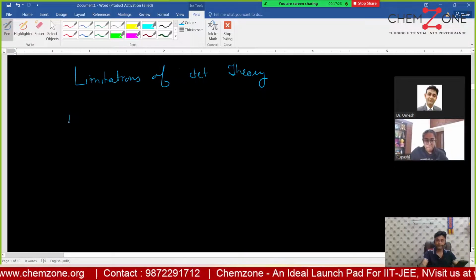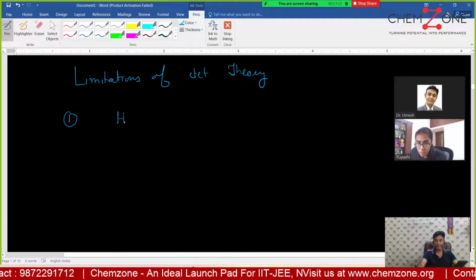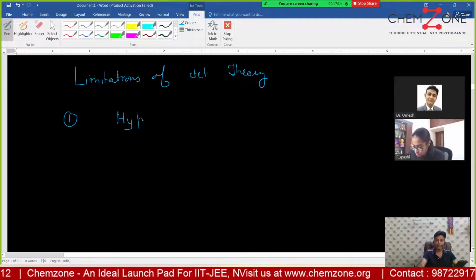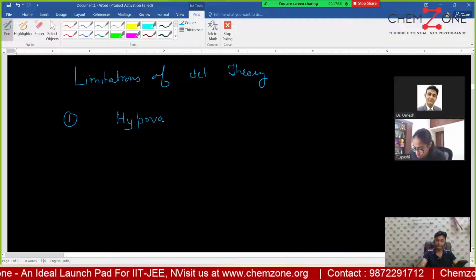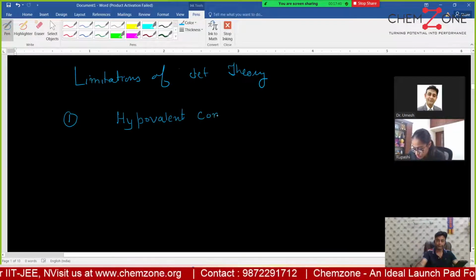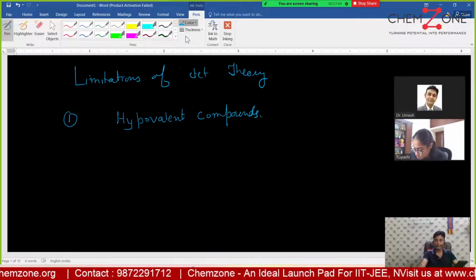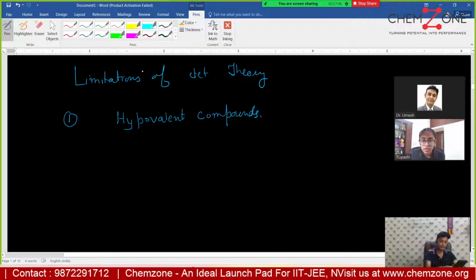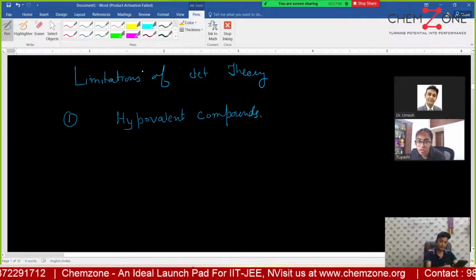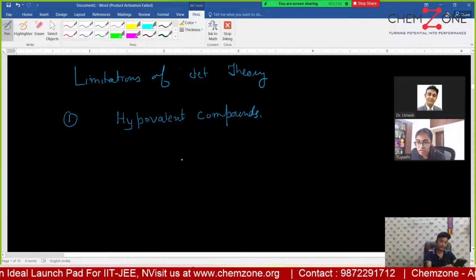Number one, it does not explain the stability of hypovalent compounds. What do you mean by hypovalent compounds? That means the octet is not complete. They don't have 8 electrons in the atoms. The central atom does not have a complete octet.